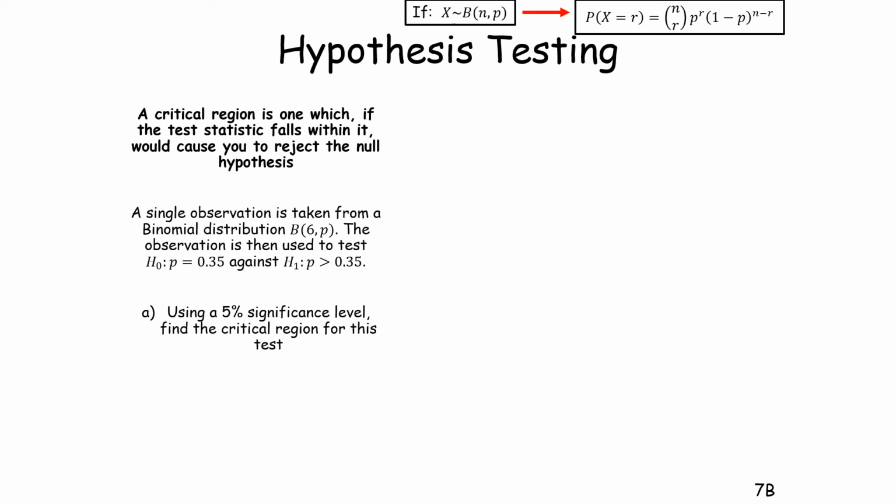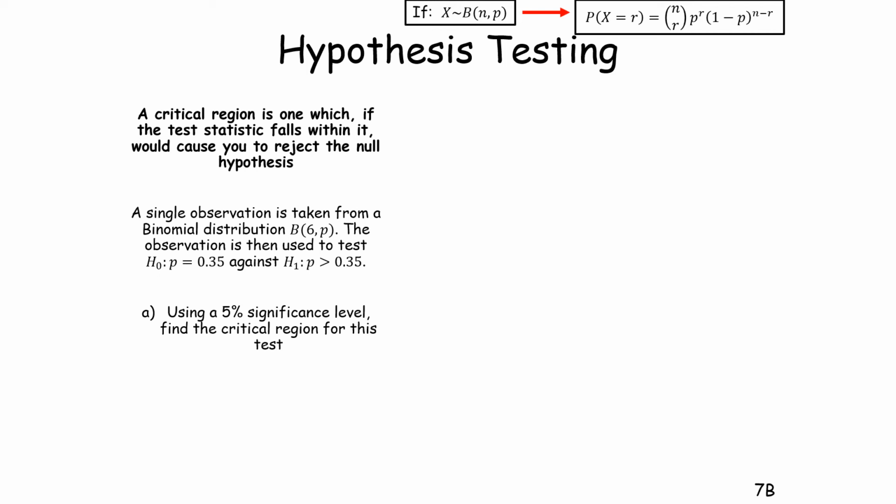So here's an example. We're told a single observation is taken from a binomial distribution B(6, p). The observation is then used to test H0: p equal to 0.35 against the alternative p greater than 0.35.